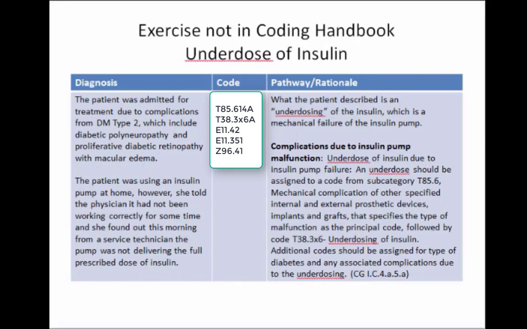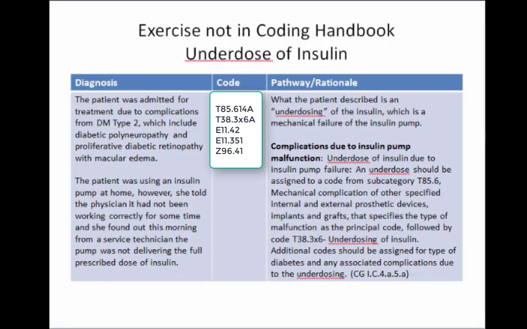And we have a guideline specifically related to complications due to insulin pump malfunctions. Underdose of insulin due to insulin pump failure is an underdose assigned to a code from subcategory T85.6, which is mechanical complication of other specified internal and external prosthetic devices, implants, and grafts, that specifies the type of malfunction as the principal code.